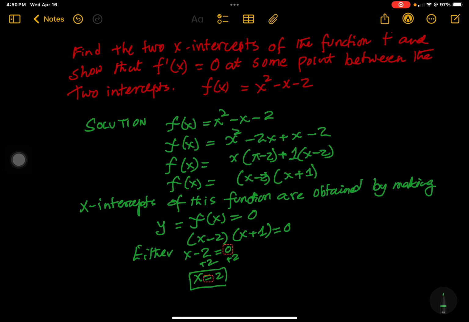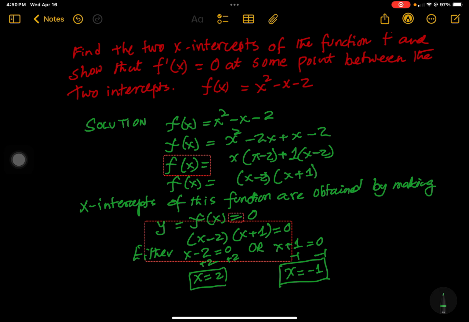The other is x plus 1 equal to 0. I subtract 1 on both sides, so x is equal to minus 1. So these are the two possibilities, x equal to 2 and x equal to minus 1. These are the intercepts of the function f of x on the x-axis.